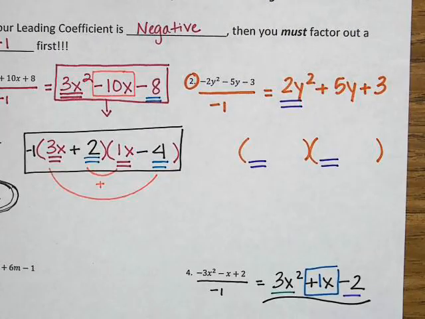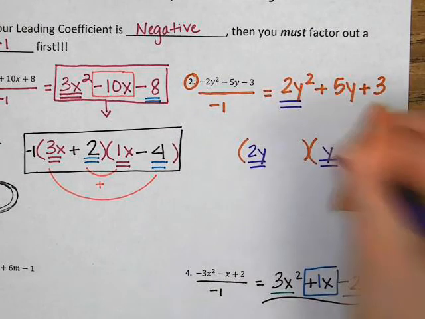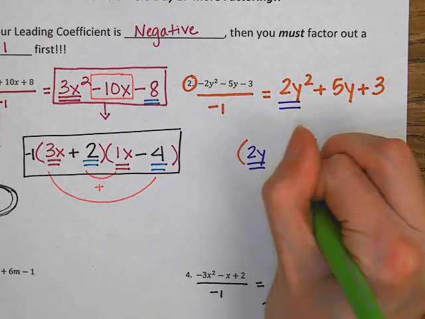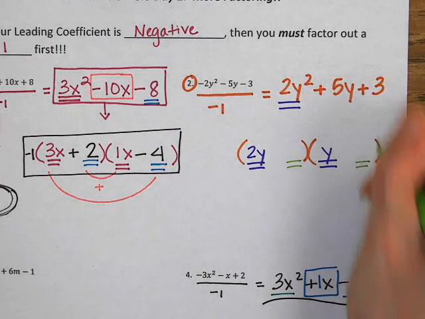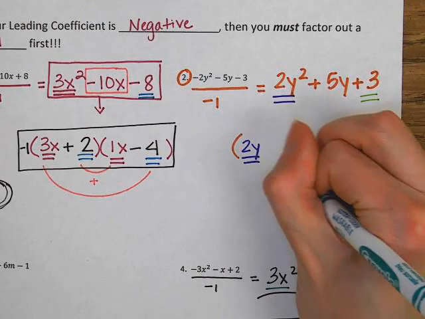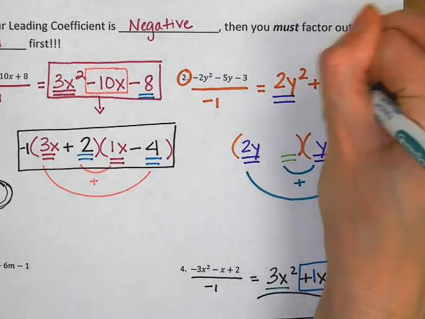If you want to get 2y squared, it's got to be 2y and 1y. Okay? And then we need 2 numbers here and here that multiply to 3. But again, keep in mind the order matters because the inners plus the outers have to add to 5.